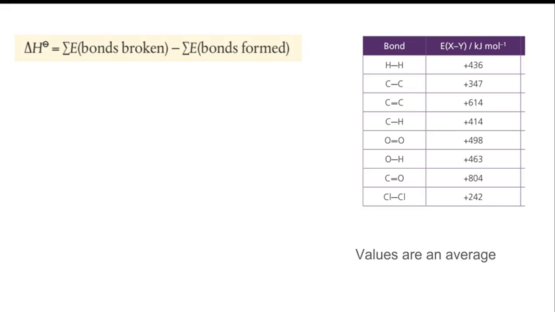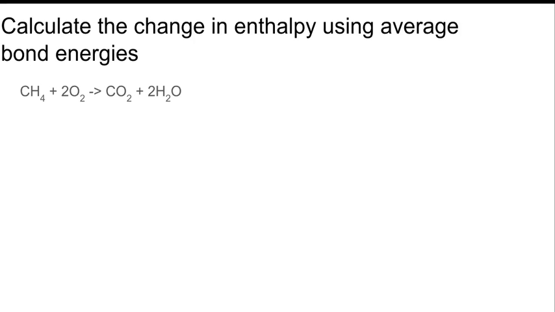One thing to note is that the bond enthalpy values given here are averages. And so the hydrogen-hydrogen bond will not always be 436. However, when they break hydrogen-hydrogen bonds, the average value that they get is about 436 kilojoules per mole. So know that these values are averages, not always constant values.